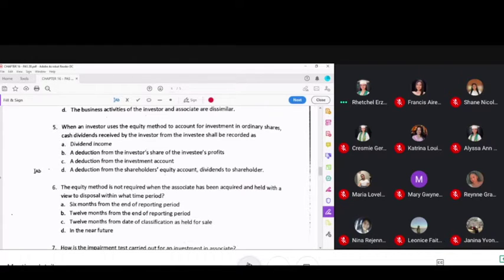But just like in your owner's equity, your capital balance will increase if there is a profit and it will also decrease if there is a loss. The same will happen to your investment in associate account. If the associate reports a loss, then the investment in associate account will also reduce equal to its share in the loss of the associate.